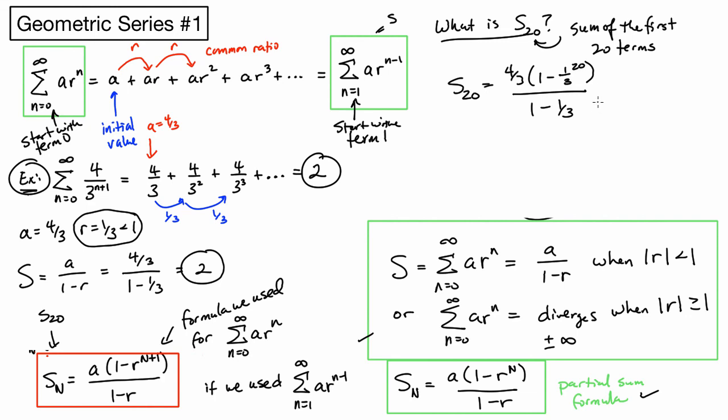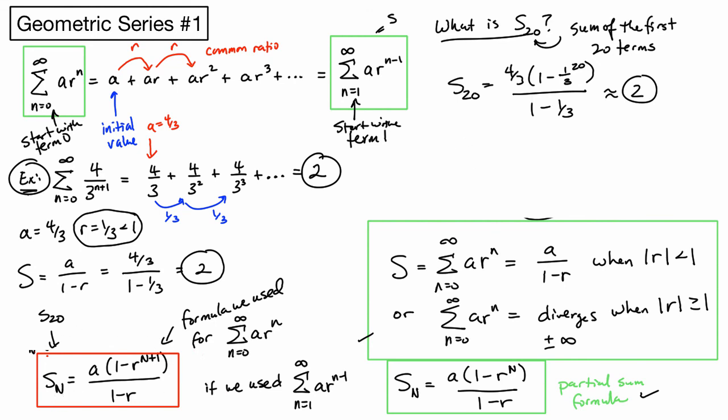If you calculate this, you'll get approximately 2, which is not surprising given that 2 was the sum of the entire series, and we're taking 20 terms, so we're likely to get very close to 2 at that point. But what I want you to understand is if you wanted to get exactly 20 terms using this formula, you would have to do S19.